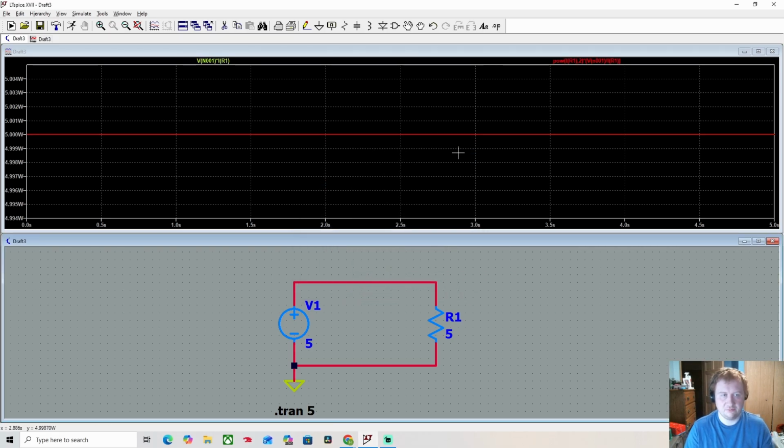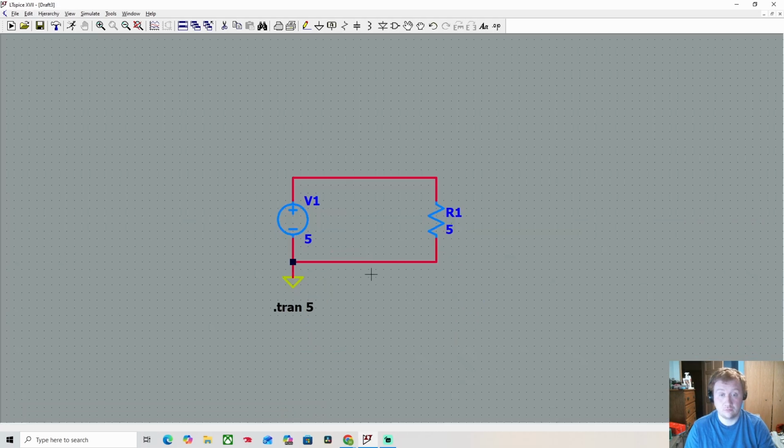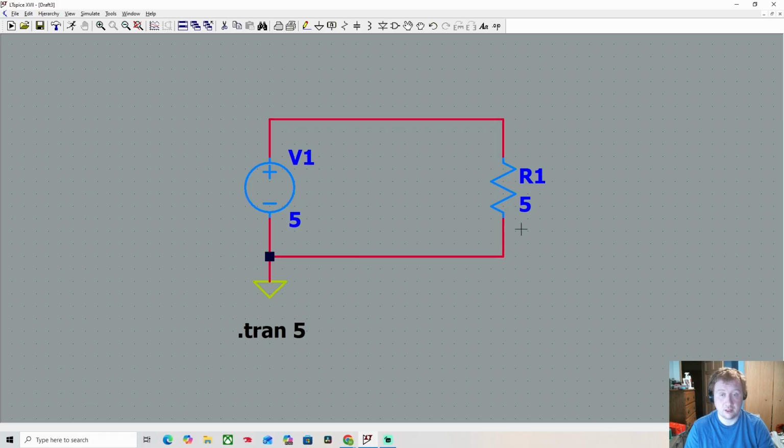Yep, same value. Okay, so yes, the resistor is consuming 5 watts of power.